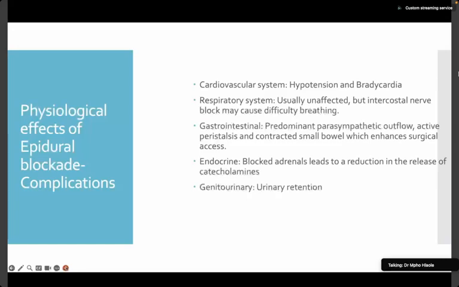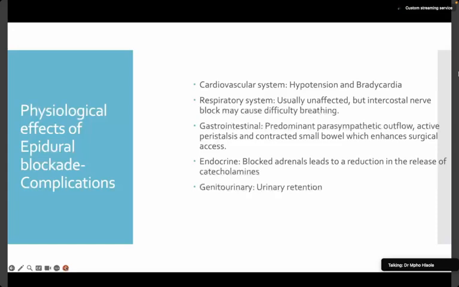It's usually because the spinal is so high, it's probably blocking some of the intercostal muscles, and the patient has difficulty breathing, especially in pregnant women who are already compromised with the pregnancy. They will just say to you, I'm unable to breathe. So that's what you might expect.